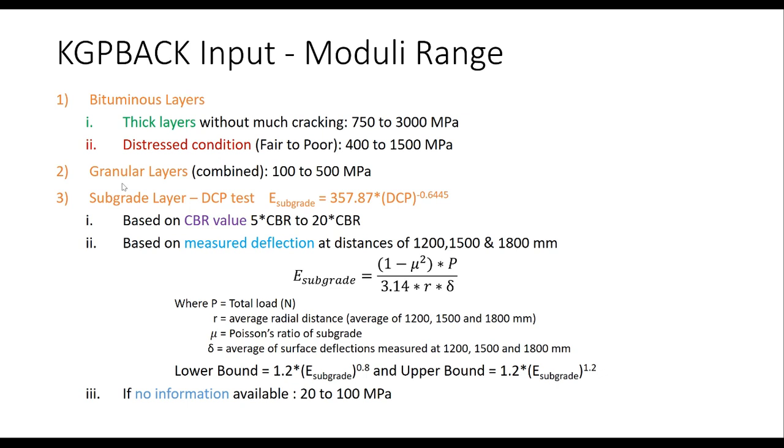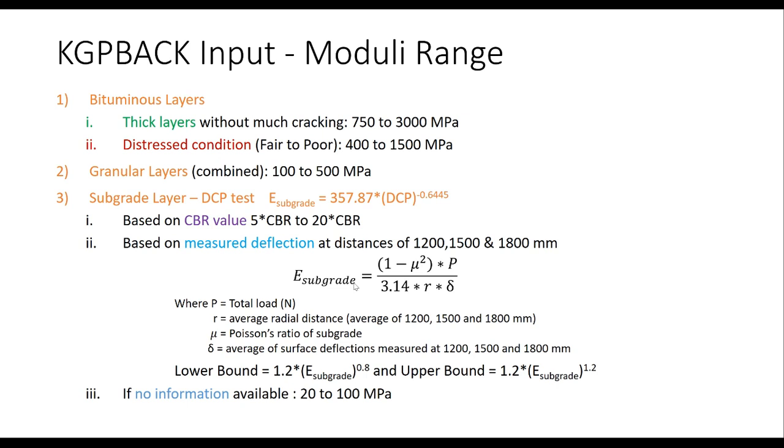For the subgrade, the E value can be determined either by the DCP test using the equation given in the IRC code, or based on the CBR method, or based on measured deflection at distances of 1200, 1500 and 1800 mm. We take the average of these three values and put it in this equation for delta, where P is the wheel load in Newton and mu is the Poisson ratio, and you can calculate the E value of the subgrade.